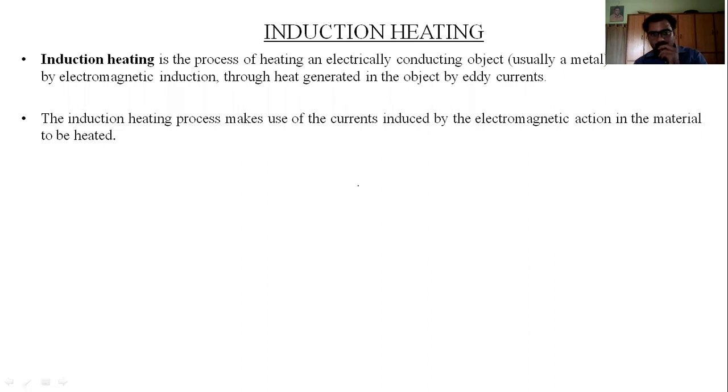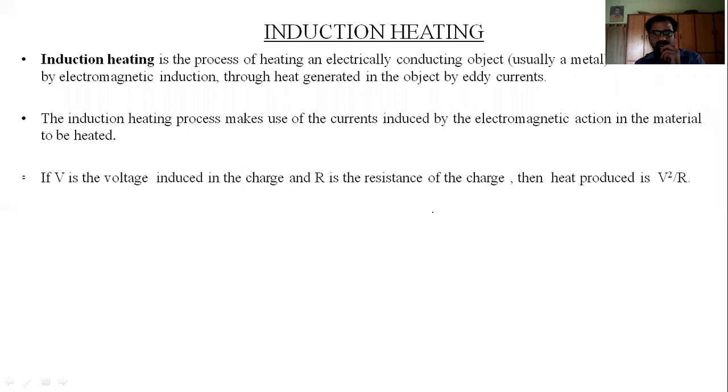So here we are making an electric current pass through the electrically conducting metal. There, electromagnetic action is exposed onto that metal to heat up the material. The heat produced can be given by V square by R, the same formula we have dealt with in previous classes.